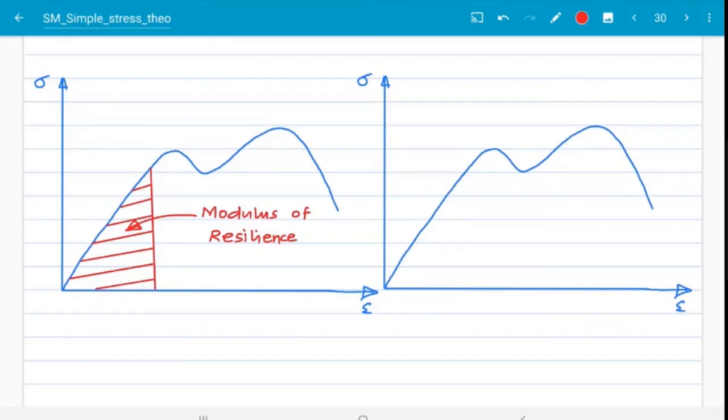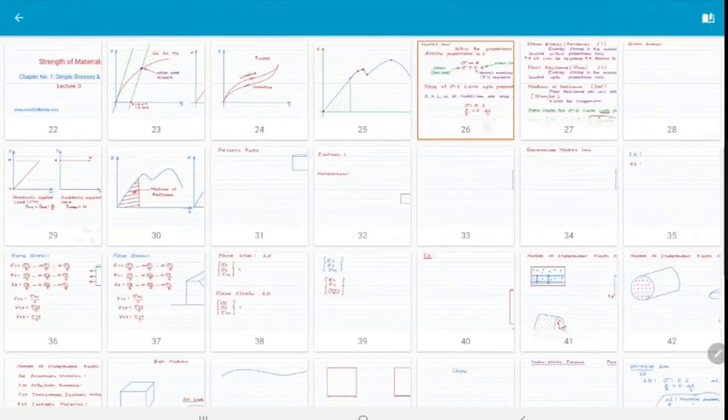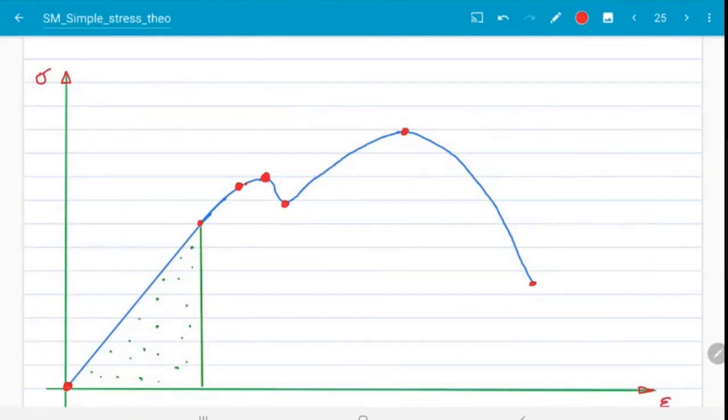Now tell me, while making the metal forming, the material is loaded up to proportional limit or up to ultimate point. In the metal forming process, it is up to ultimate point.